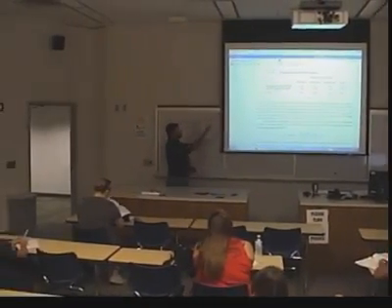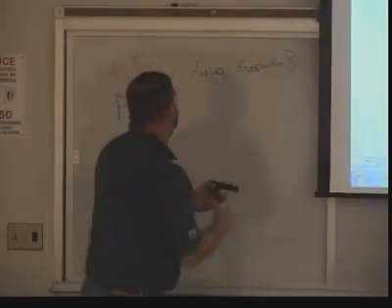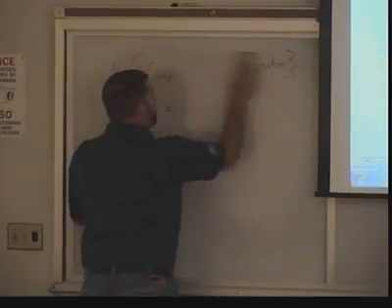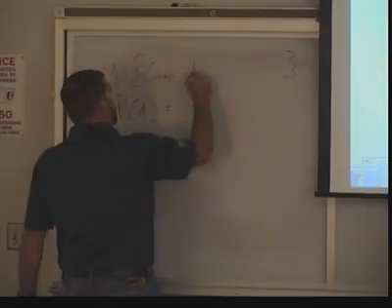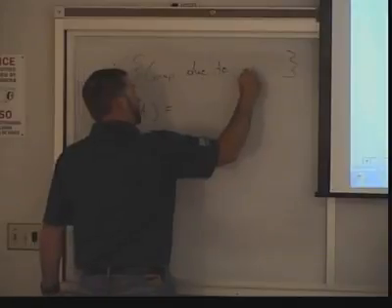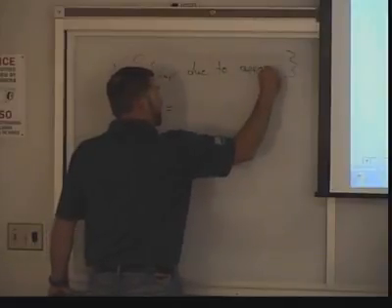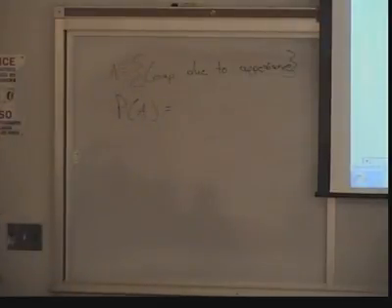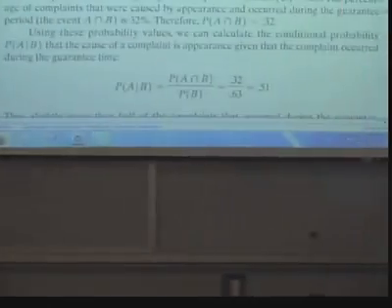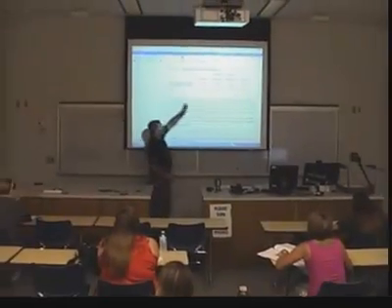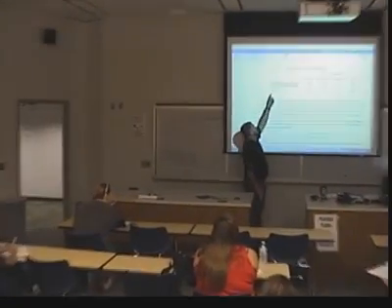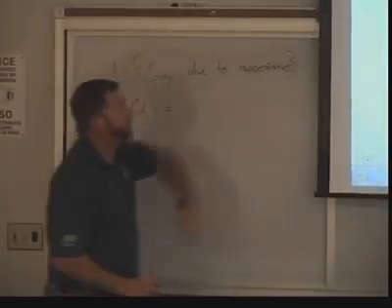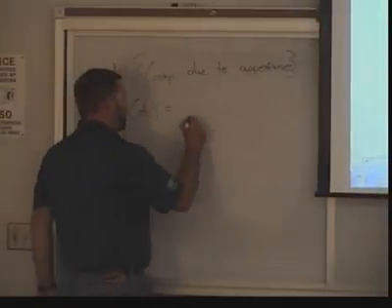Let A represent the event that the cause of a particular complaint is the appearance. Complaint due to appearance. I switched those two. So what percentage of all these complaints come from the appearance of the product? 0.35, because event A doesn't say anything about during the guarantee period or not. So the probability of A is 0.35.